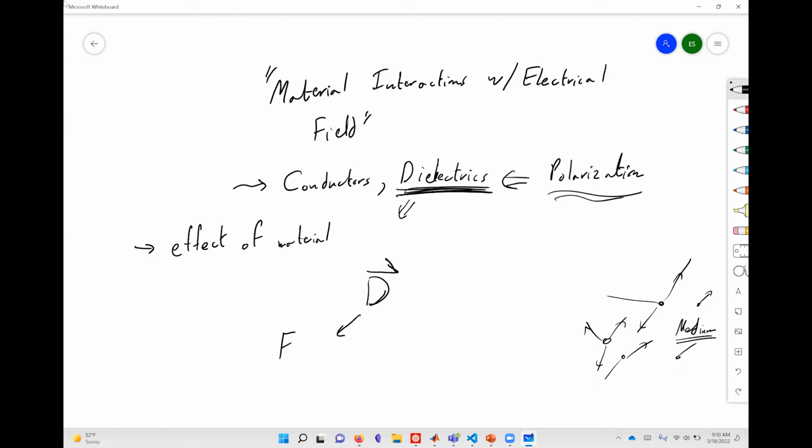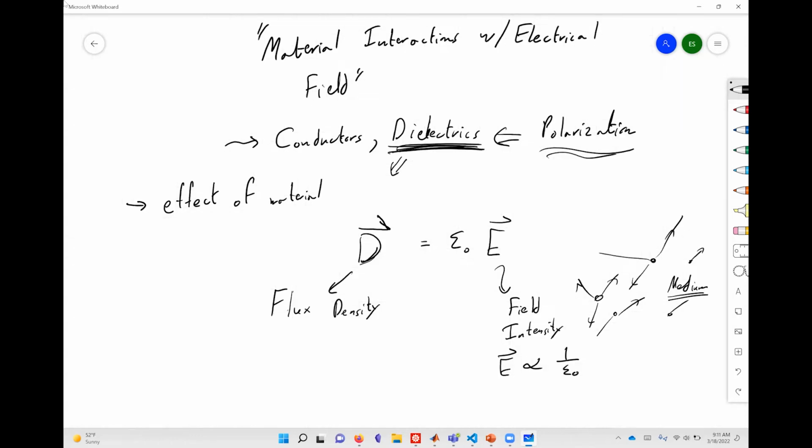And we already introduced that a bit by introducing an alternate description of the electrostatic field. So we had the E field, what's called the field intensity, force field intensity. In this case, E was proportional to 1 over epsilon naught, some constant. And then we just multiplied by that epsilon naught to get D, another kind of vector that's called the flux density. It's called a density because it turns out to have units of Coulomb per meter squared.